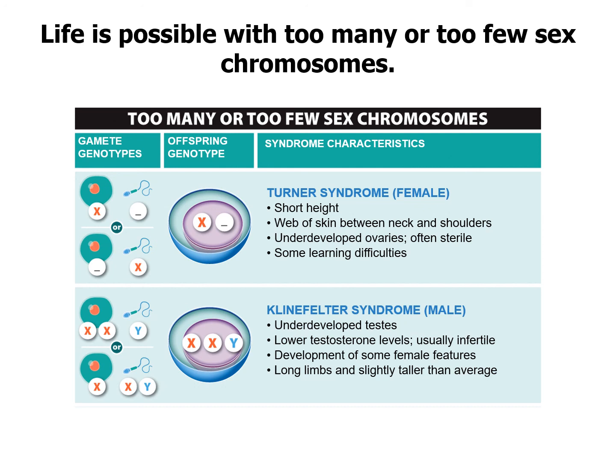Meanwhile, with Klinefelter syndrome, you will result in a male who has underdeveloped testes, a lower testosterone level. They're usually infertile, and the development of some female features may occur. This is going to result in an individual who is male, but who looks a little androgynous or a little bit feminine.